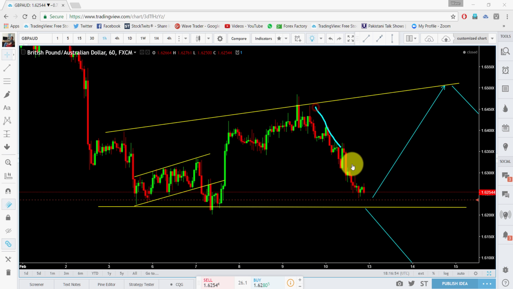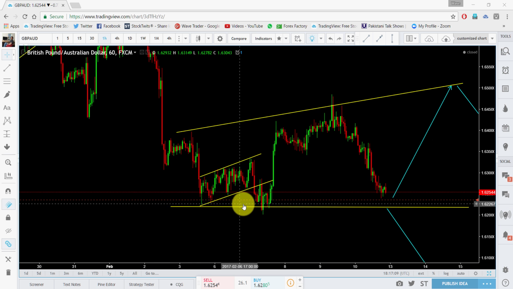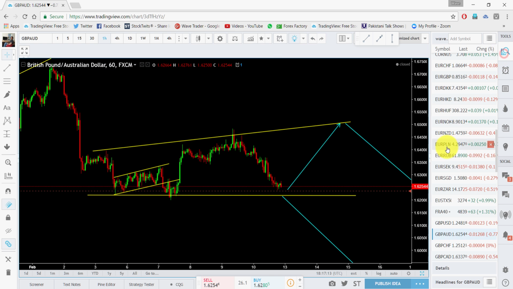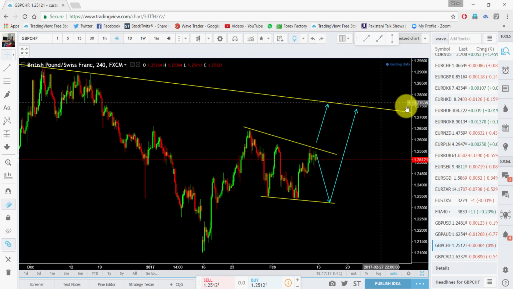This move is corrective. I sold somewhere here and took this much profit. Now watch for this move, it is very much possible price will form this move. And on Chief, I'm neutral.